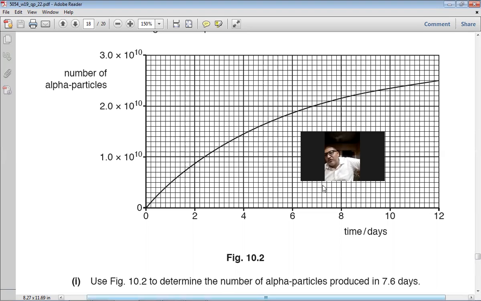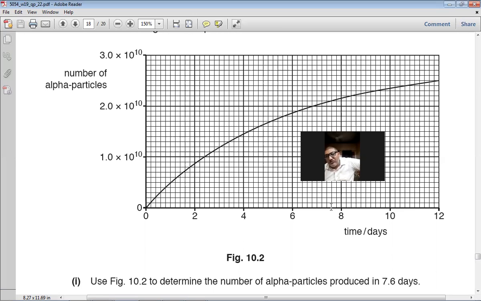7.6. So 7 is basically here. This is not 7, sorry. Here I will have 9. The 7 will be here. 7.6 will be after 7.2, 7.4.